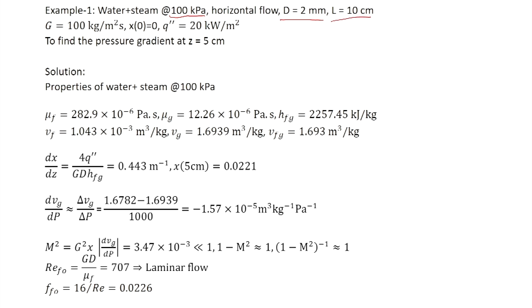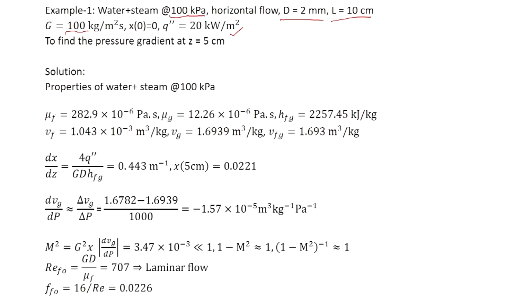Mass flux is 100 kg per meter square second. The inlet quality is 0, that means the inlet is saturated liquid, and the heat flux is 20 kilowatt per meter square. We have to find the pressure gradient at 5 centimeter from the inlet, which is the midpoint of the pipe.